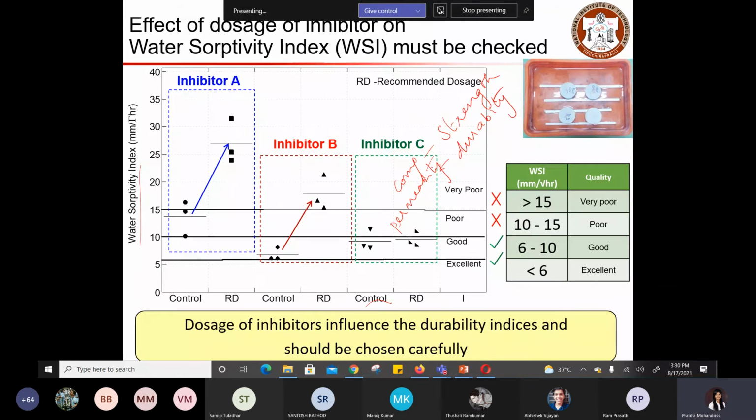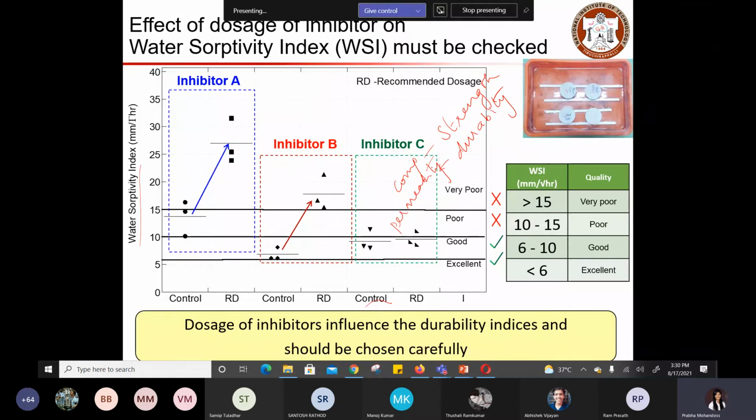And the second thing is that the effect of inhibitor dosage on water sorptivity must be checked. This is another durability index factor, which indicates how much water your concrete can absorb. This is indicated by the water sorptivity index. We have certain test methods for obtaining water sorptivity.